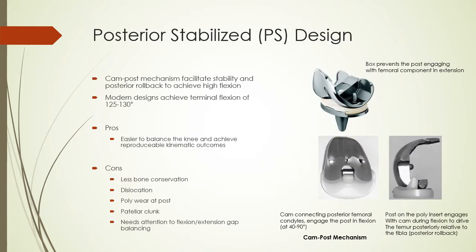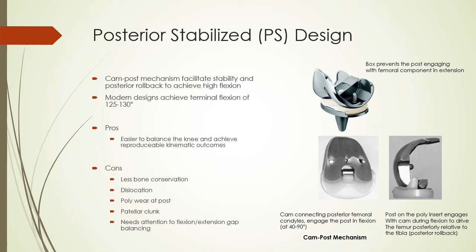So let's talk about the PS design. Majorly, if you look at PS, you will notice a box on the femoral component. It's preventing the post engaging with the femoral component in extension. And you will notice also a cam and a post. The cam on the femoral component connecting the posterior femoral condyles engages the post in flexion, usually between 40 to 90 degrees.